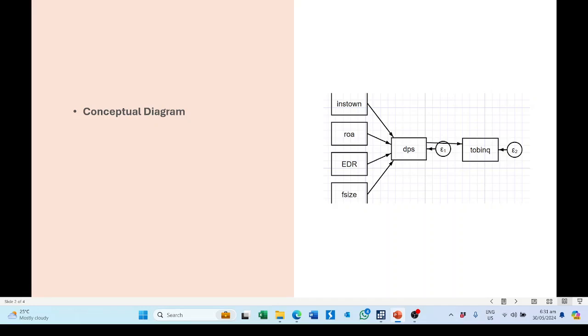That is the concept we want to run in Stata, and we'll run the structural equation model. From there, we'll copy and paste it into ChatGPT for interpretation. It's going to be an easy and smooth interpretation process using ChatGPT.